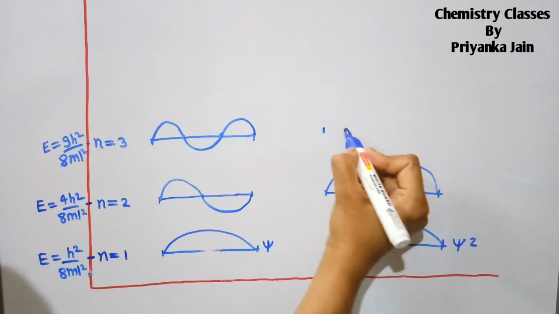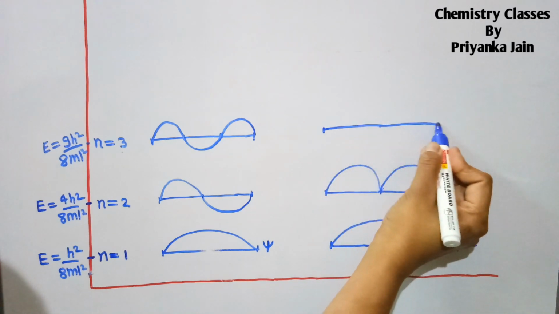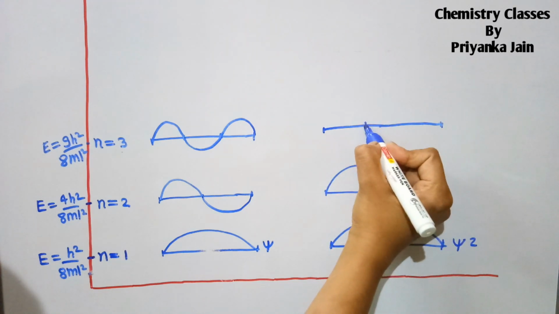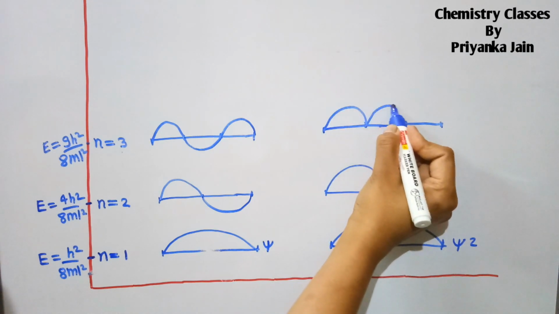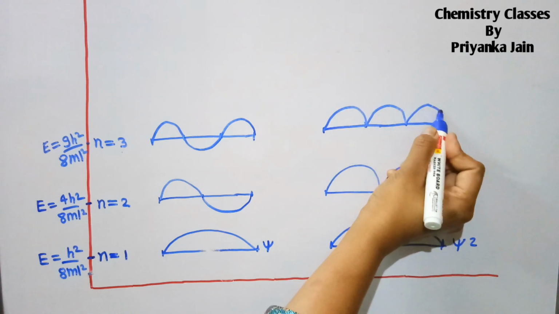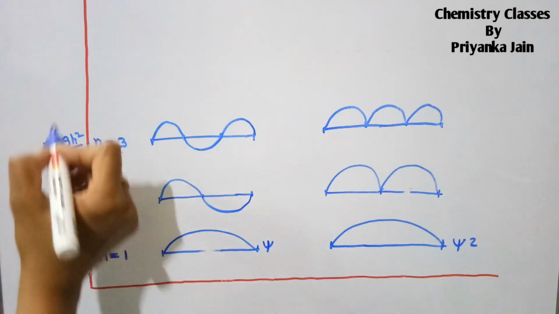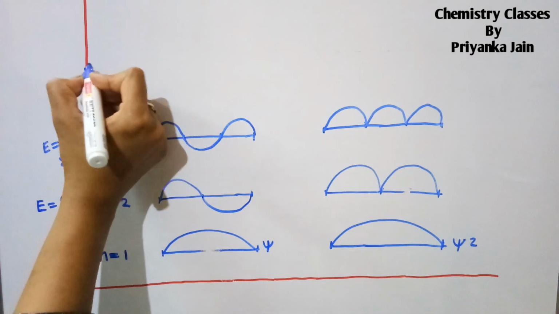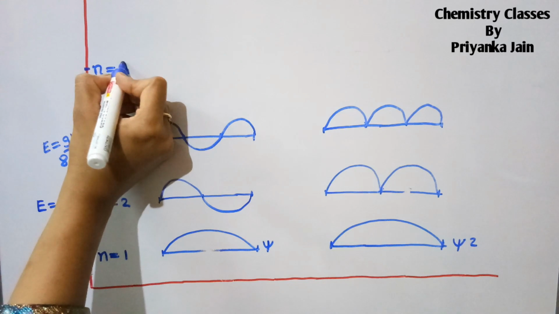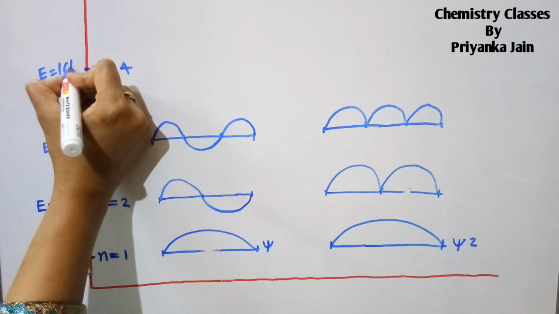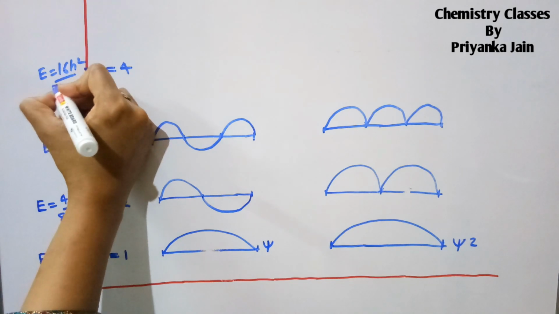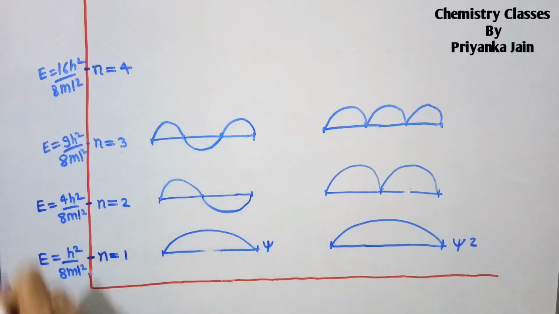Now see here the probability density curve. This will always be in this way symmetric, right? Now see one more case. For n is equal to 4, E will be equal to 16h square upon 8 ml square, right?